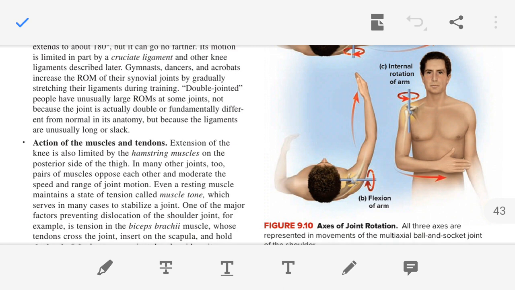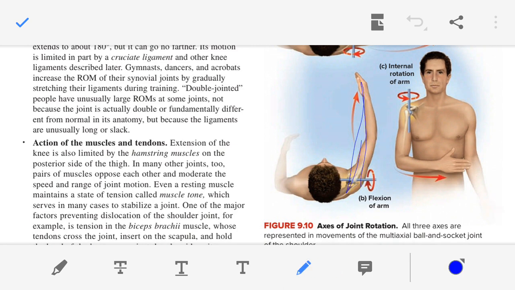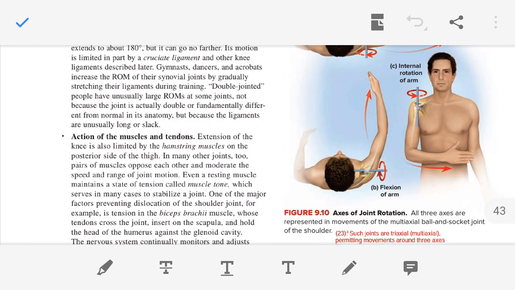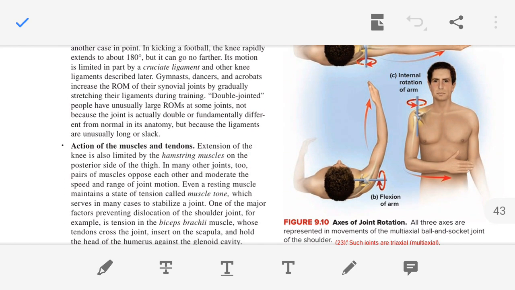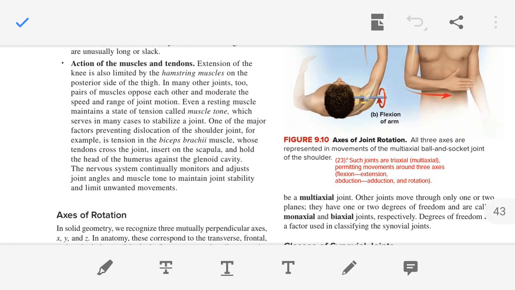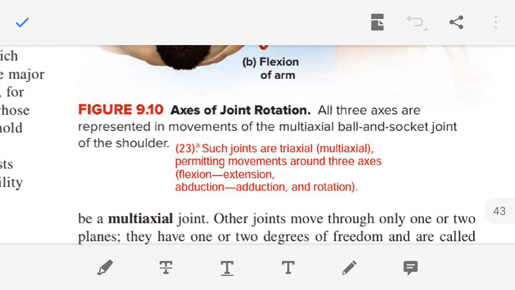Then we can flex our hand, and we can also rotate our arm. So three types of movement, abduction, flexion and rotation, are possible. That's why the ball and socket joint is the triaxial or multi-axial joint.